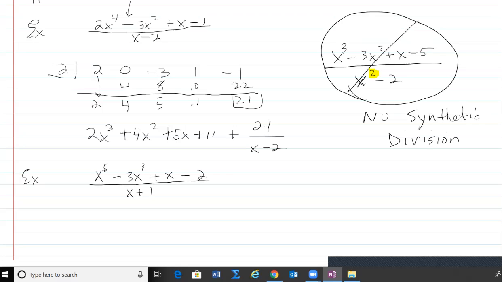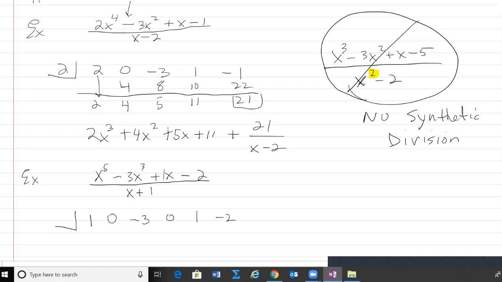Now, first thing is, notice we're missing a term in here. That's a 0. We do have a minus 3. We're missing another term in here, the x squared term, so that's another 0. Then we do have a 1 for the x, and we have a minus 2.